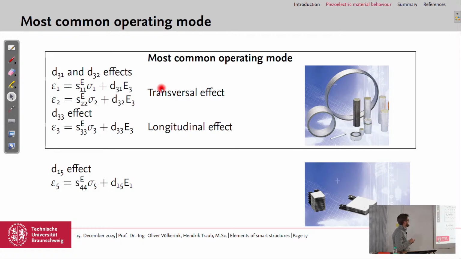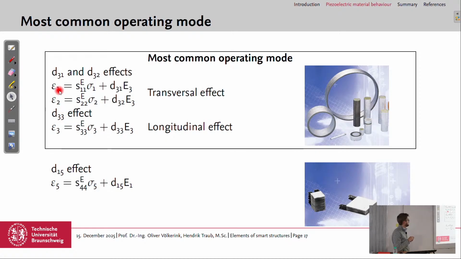Yeah, and as mentioned, the most common operating modes are the transverse effect, so the D31 and D32 effect, and the longitudinal, the D33 effect. With the indices filled out, we have, for example, epsilon 1 equals compliance S11 times the stress sigma 1 plus D31 times the electrical field E3.